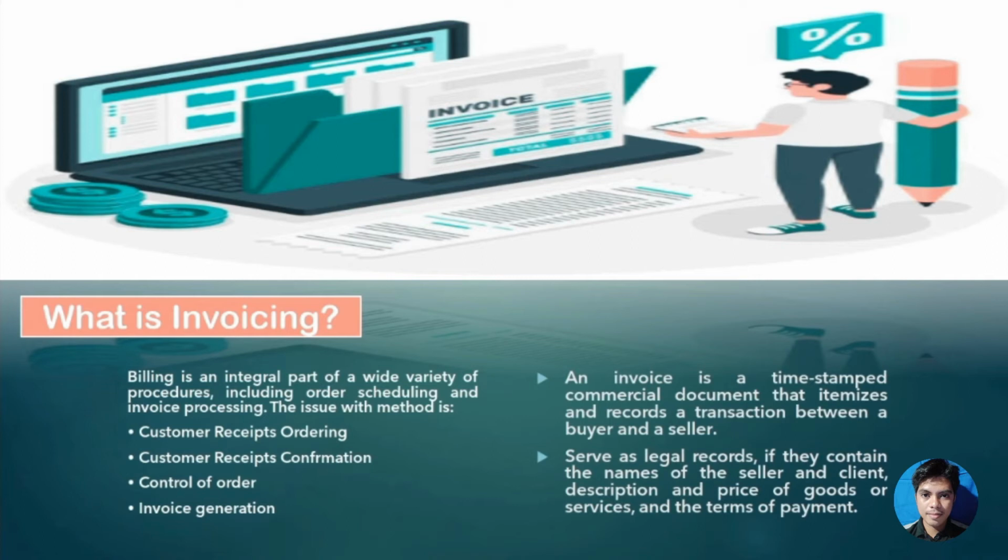An invoice is a time-stamped commercial document that itemizes and records a transaction between the buyer and the seller. An invoice serves as a legal record if it contains the names of the seller and the client, description and price of goods or services, and the terms of payment.